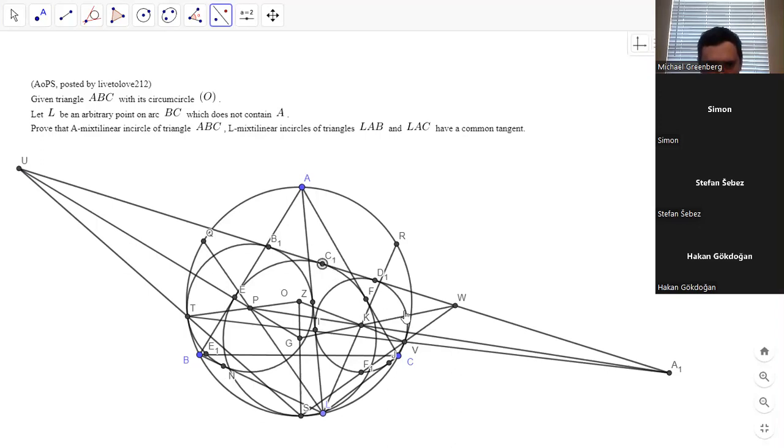And if I reflect C1 over WG and C1 over UG. So maybe there's something special about E1, F1, G1, and H1.